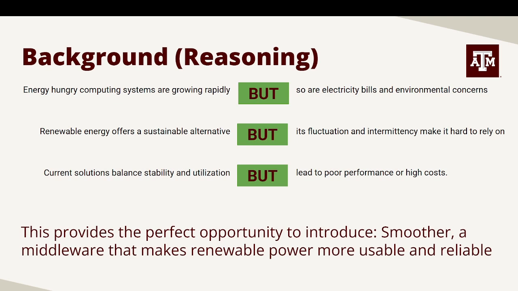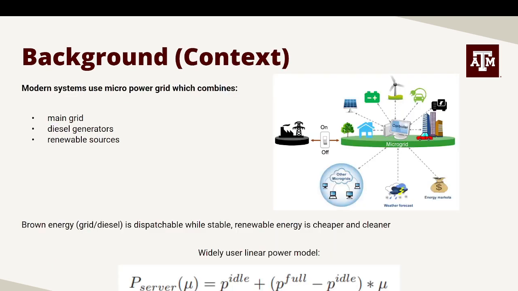Most current solutions try to balance energy stability and utilization, but they fall short, leading to poor performance or high costs. This provides the perfect opportunity to introduce Smoother, which is a middleware that makes renewable power more usable and reliable. Let's look at a bit of context.